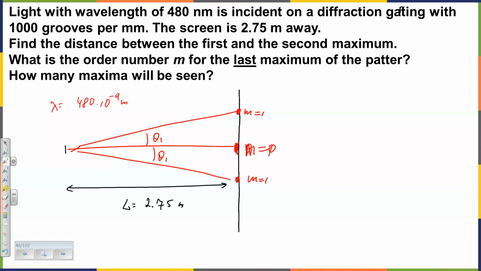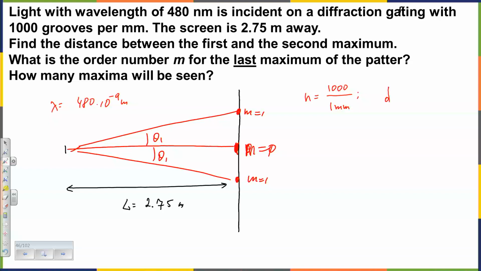We also know that it has, well, that's density, something per length: 1,000 slits per 1 millimeter. That's what we know. That's not what we need. We need d, the distance between two adjacent slits.